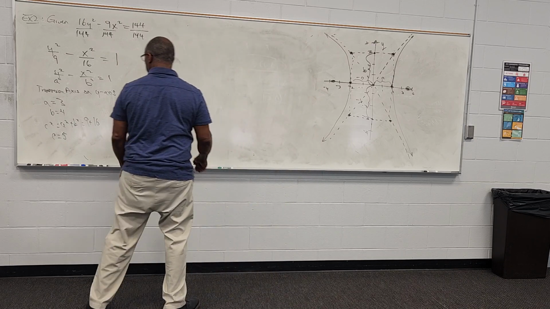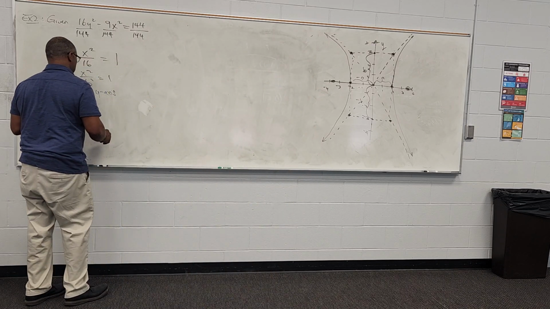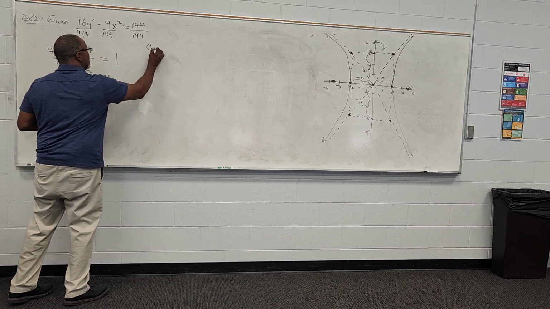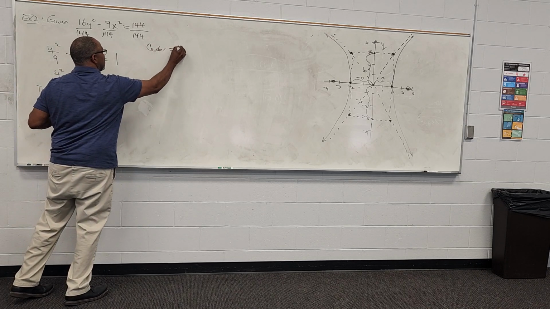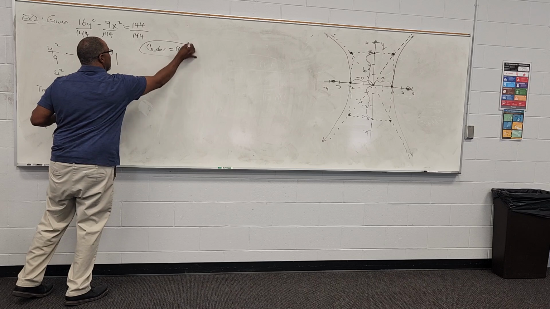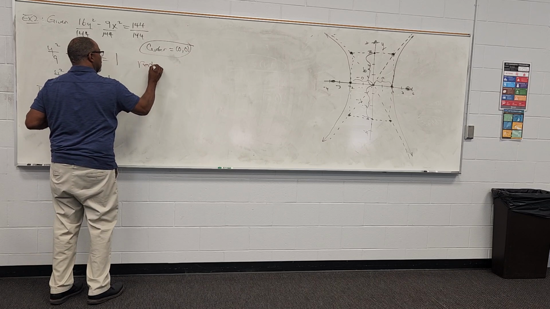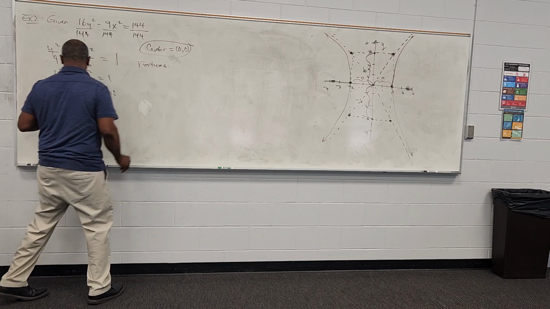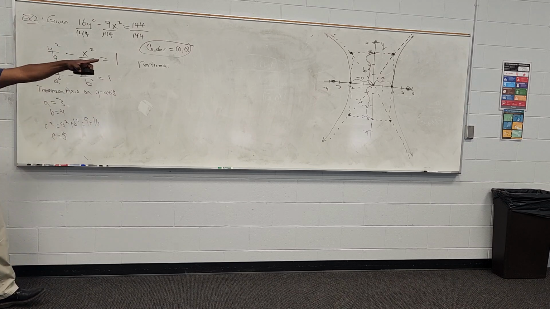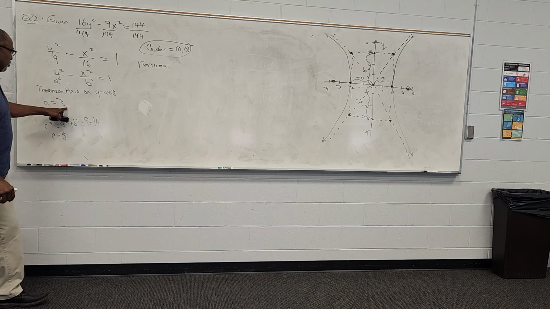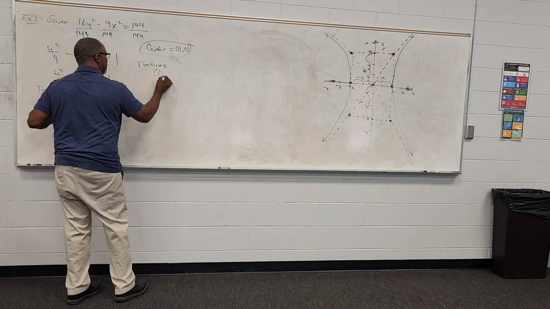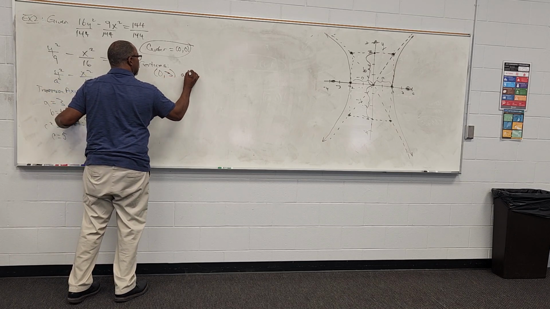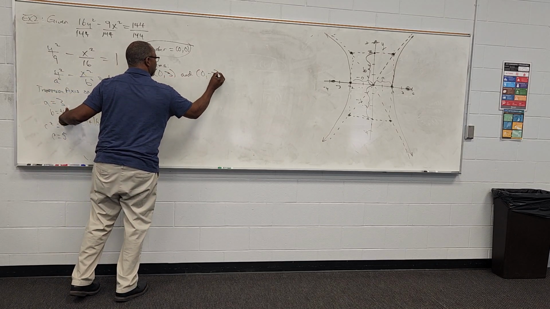Look back at that chart. Since a is 3, and we said the center is 0, 0, that's easy. The vertices, instead of a comma 0 like we had there, it'll be 0 comma a, so there'll be 0, 3, and 0, negative 3.